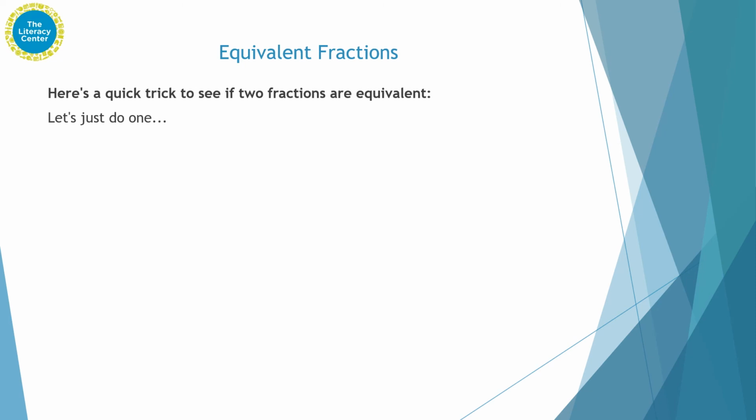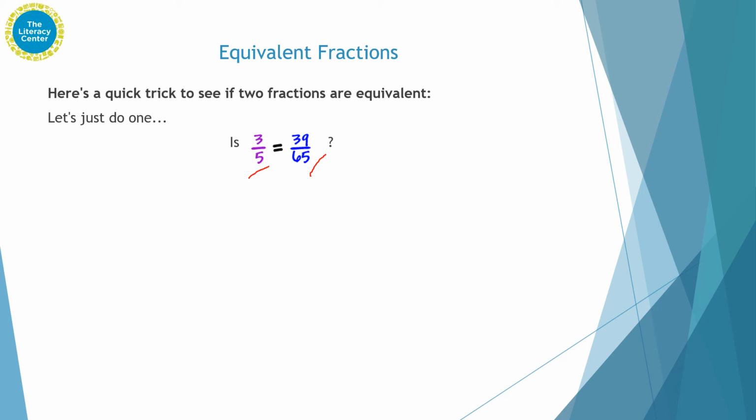So here is a quick trick to see if two fractions are equivalent. If I ask you, is 3 by 5 equal to 39 by 65? Can you tell me whether these two fractions are equivalent or not? Let's find out how we can do this.